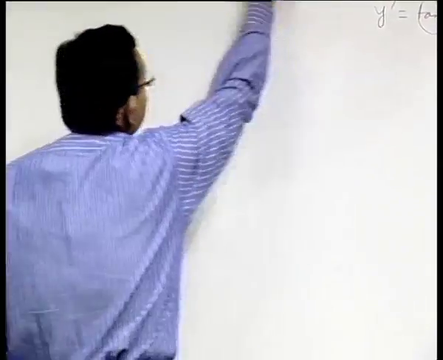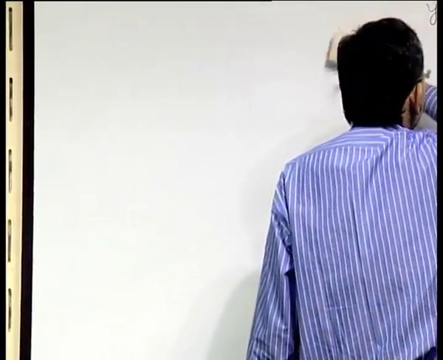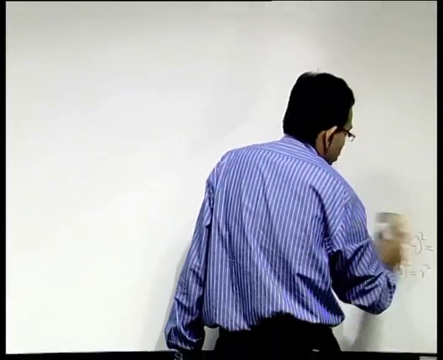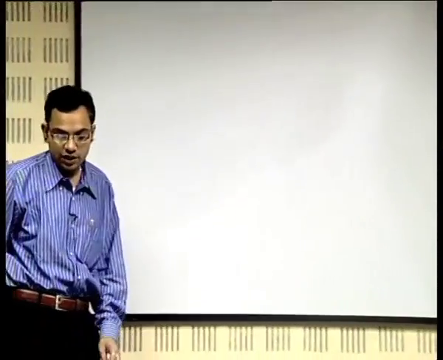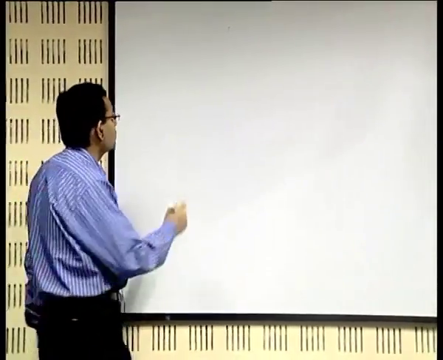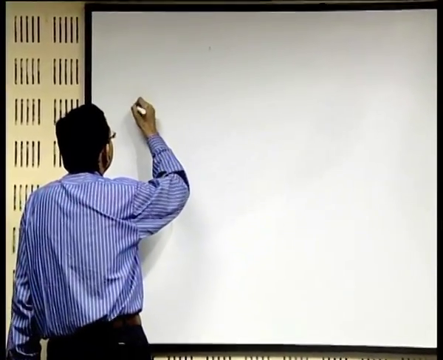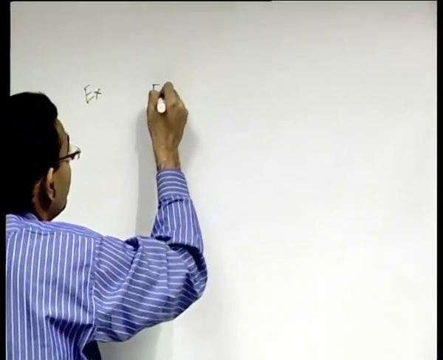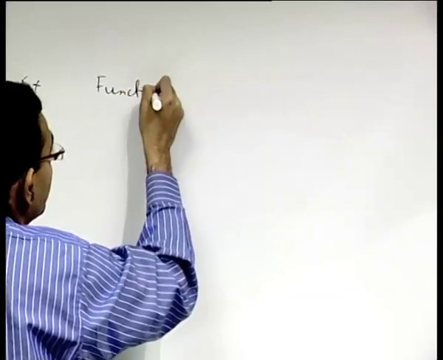So, let us take an example where it involves a second order derivative also, that is y double prime. So, we will consider an extension of the Euler-Lagrange equation where you have higher order derivatives. Functionals involving higher order derivatives.